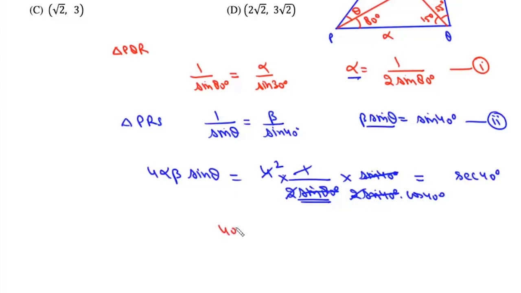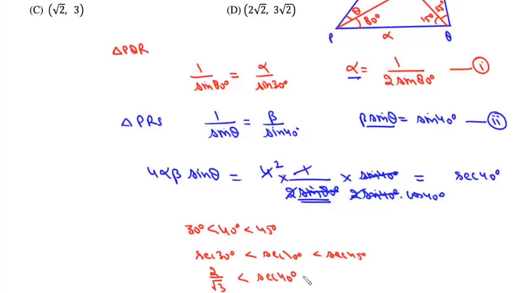Now we know that 40 lies between 30 and 45. Now secant is an increasing function. So we can write secant 30 will be less than secant 40 will be less than secant 45. So this value is 2 by root 3 will be less than secant 40 and will be less than root 2.